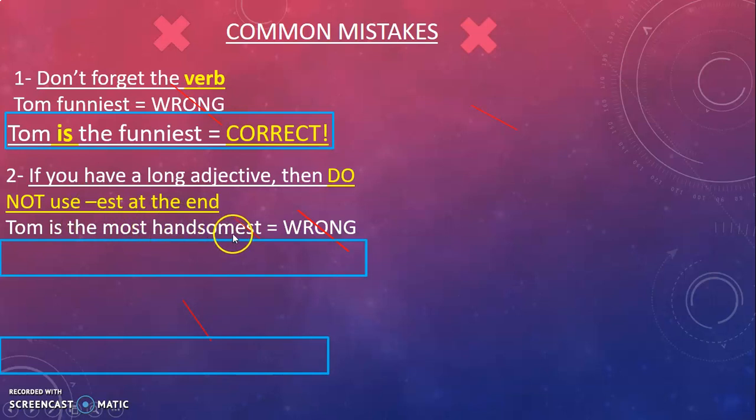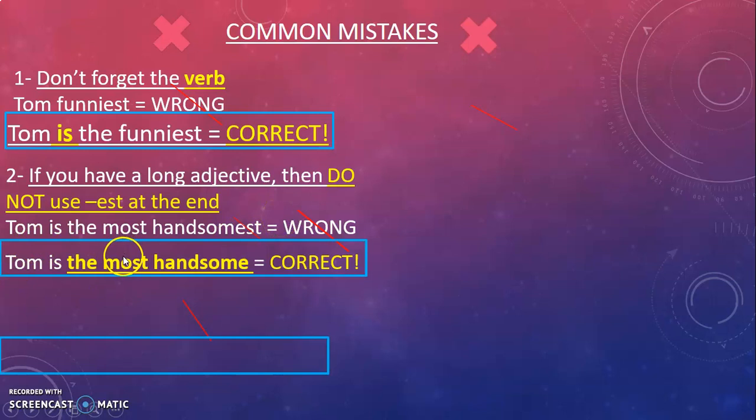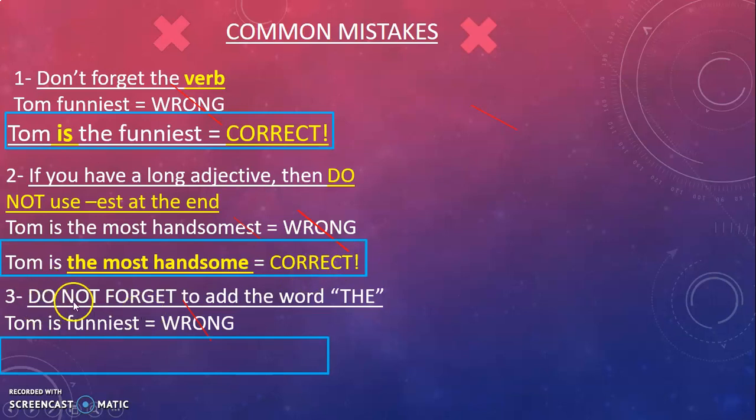Tom is the most handsomest. This is wrong. You must say Tom is the most handsome. This is correct. Mistake number 3, do not forget to add the word the. Tom is funniest is wrong. You must say Tom is the funniest.